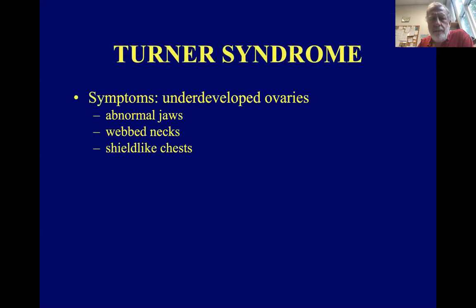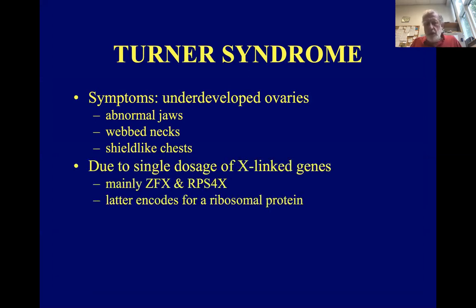Now, Turner syndrome, again, is the only monosomy we humans can survive, and that's monosomy for the X chromosome. So, of course, these people are females with underdeveloped ovaries, sometimes abnormal jaws, shield-like chests, and webbed necks. They think these are due to single dosages of certain X-linked genes like it shows there.